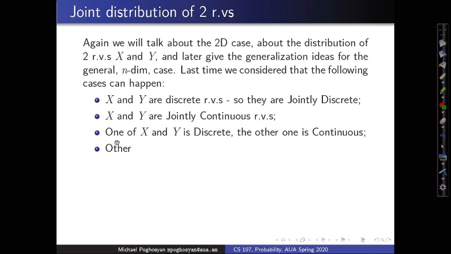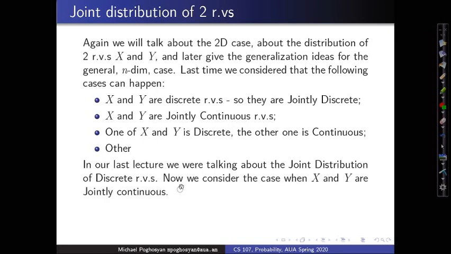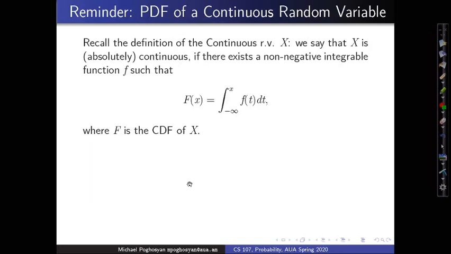But we can also have other cases, say x is discrete and y is continuous, or vice versa. Last time we talked about the discrete case, and today we're going to talk about the second case.